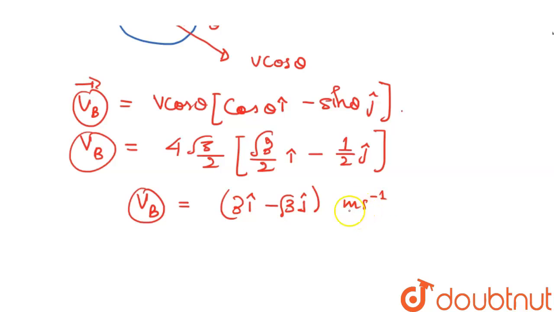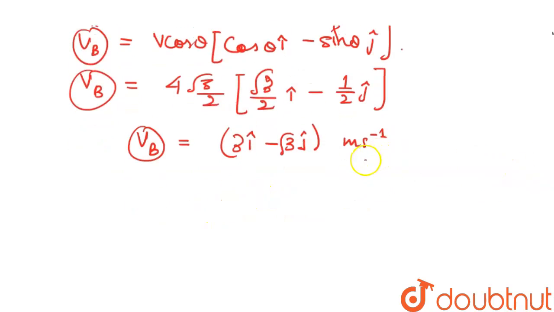Alright, now since we have the velocity for B during the collision, we can simply use the equation for impulse, that is the change in momentum.